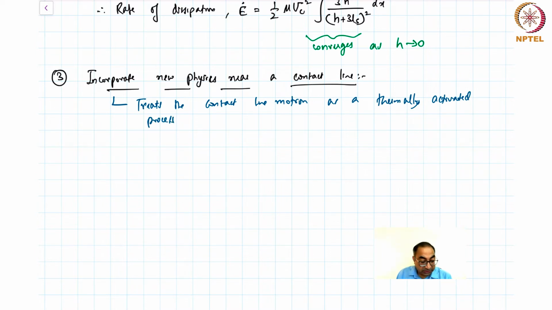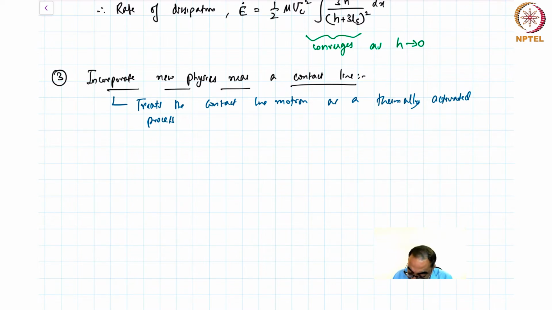So small fluctuations in temperature basically alter the interactions between the solid and the liquid, and these interactions will basically allow the contact line to keep jumping a little bit. So there is an energy barrier. Once that energy barrier is crossed, it allows the contact line to jump a little ahead. There are a large number of such jumps that occur, which results in a macroscopic motion of the contact line.